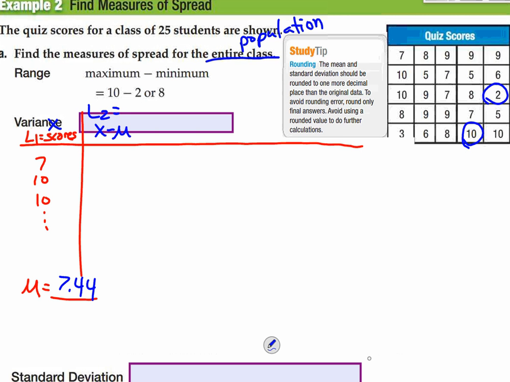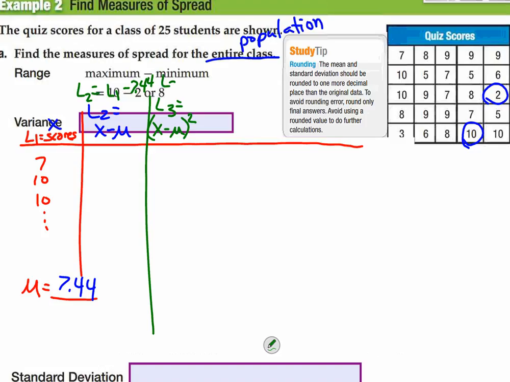So that was that column, and then list 3 is going to be my x minus mu squared. And I didn't say this, list 2 was really list 1 minus 7.44.